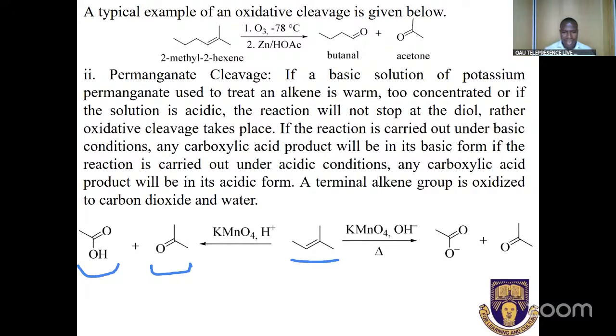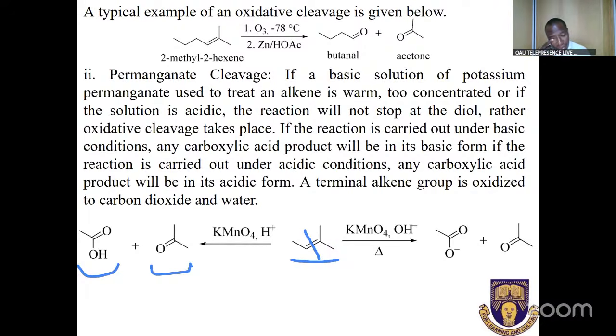So it is the acid and the ketone. Again, remember, this is where the double bond is. So you end up with acid on one side and ketone on the other side.